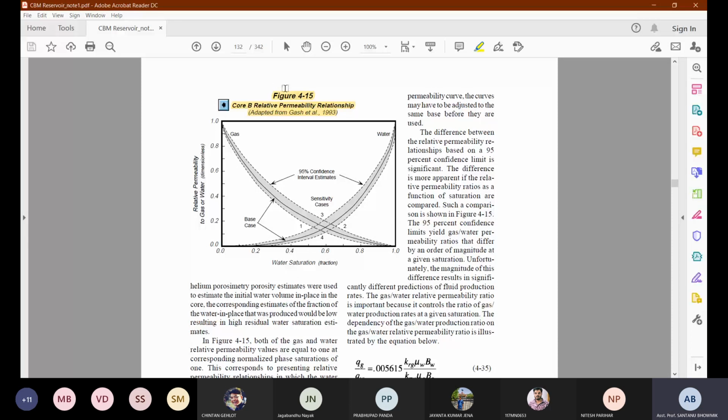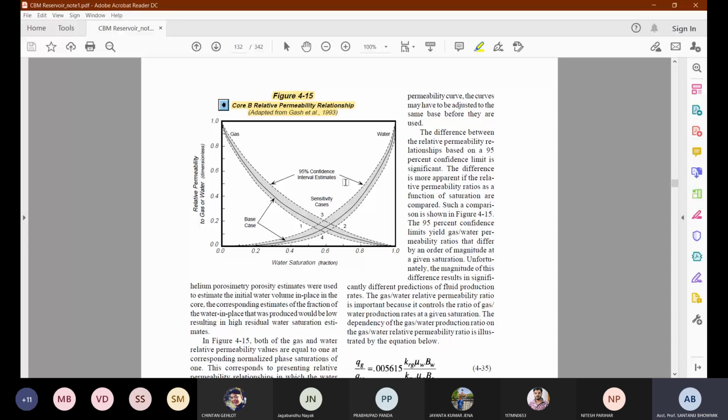Okay, this is actually showing you the idea about how the relative permeability is going to vary, and you can see that they have mentioned 4 points. Why are the 4 points coming? Whenever we take the water permeability, you can see the 95% confidence interval, both ranges.